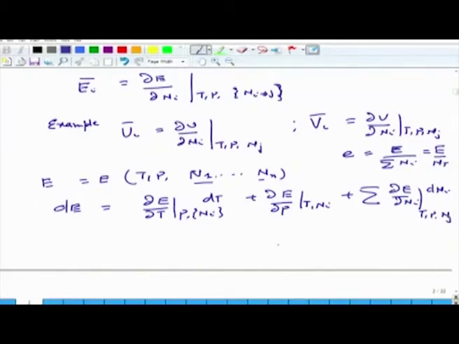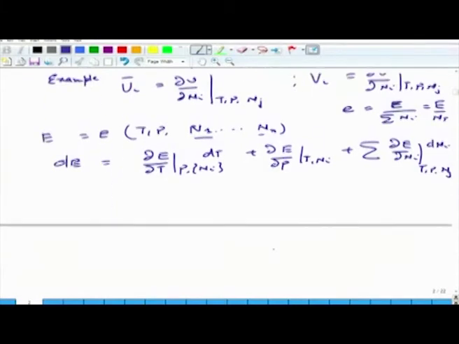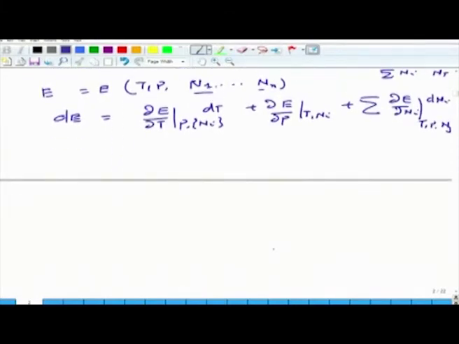Now, if you compare this expression to the expression of Gibbs free energy in differential form, dG equals minus S dT plus V dP plus the summation of mu i dNi, it is more or less the same. If you replace E by G, you get exactly the same expression, and the partial derivative del E by del Ni is nothing but mu i.